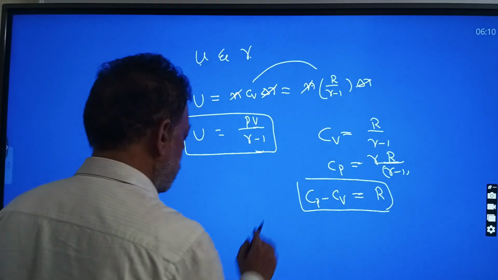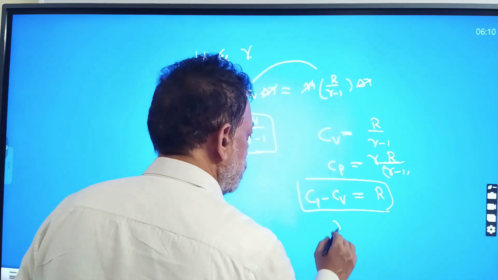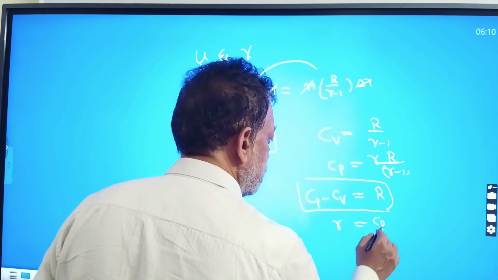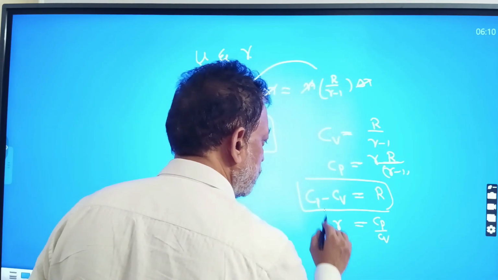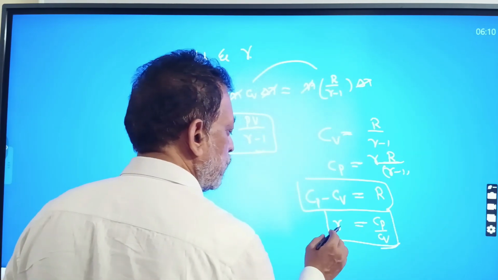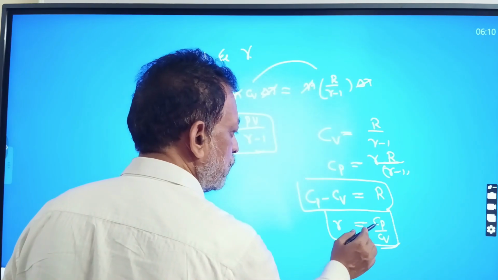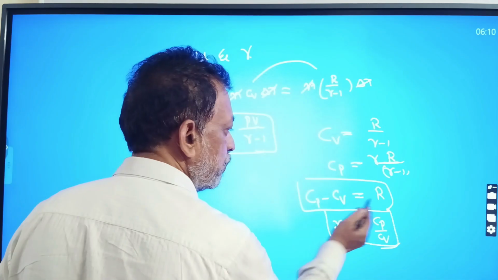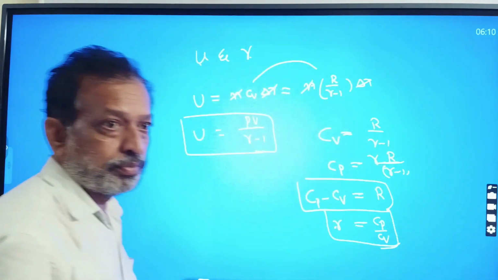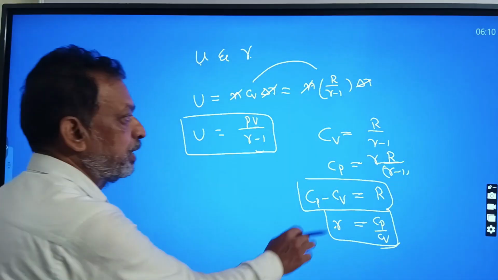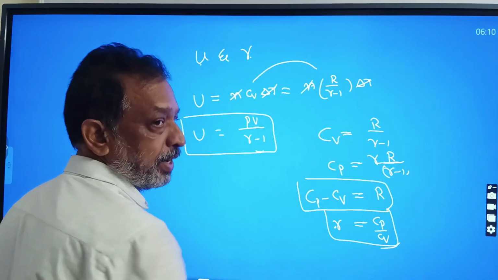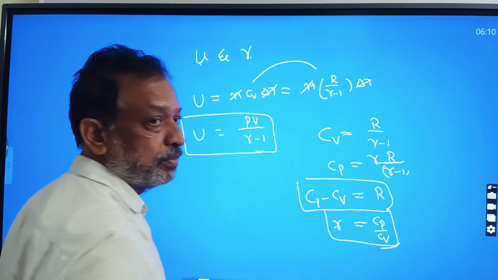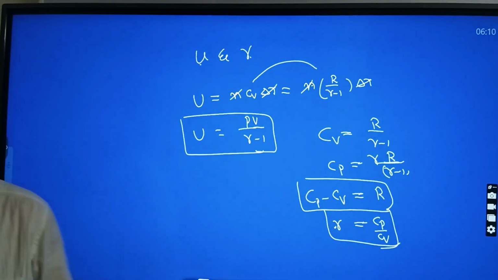Gamma is equal to Cp by Cv, so Cp is equal to gamma Cv. That's all, simple. From this relation you get Cp and Cv. It is called Mayer's formula.